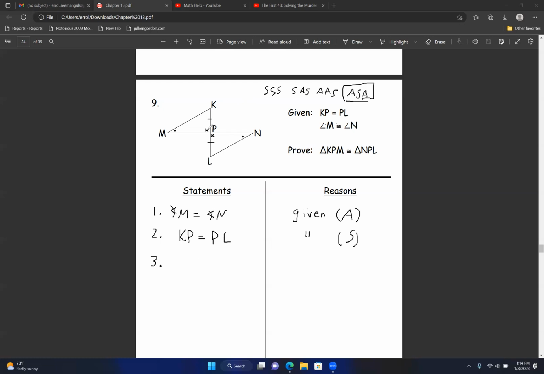What should I write here? This one and this one are vertical angles. So what should I write here? Don't say P. Use all three letters.